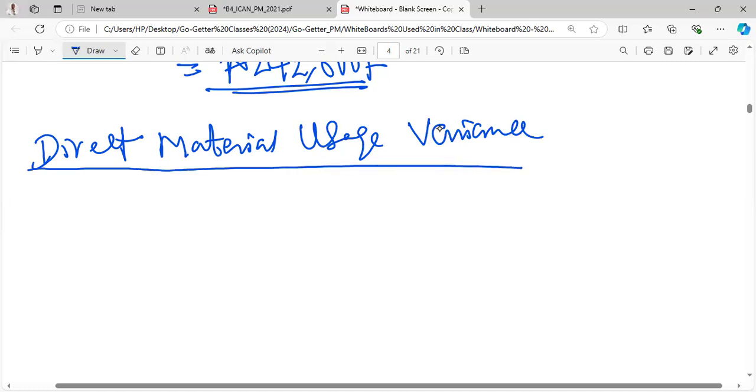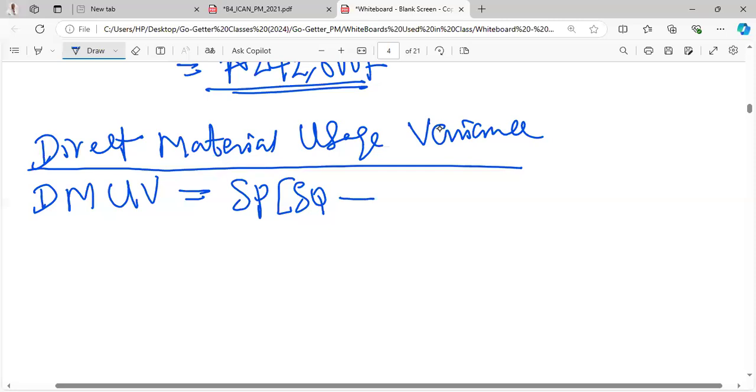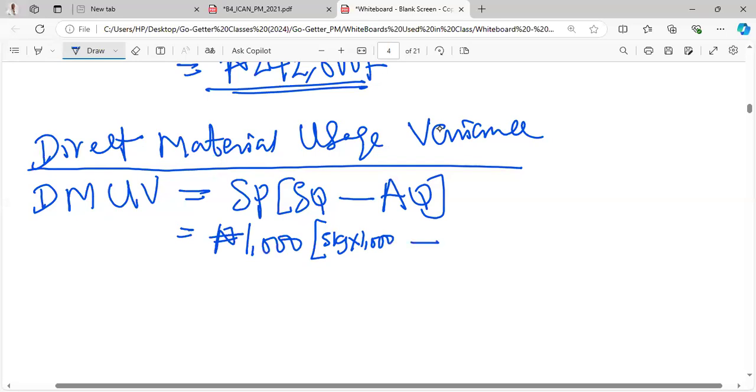Direct material usage variance, we said DMUV is standard price, standard quantity minus actual quantity. All right, so what is the standard price? The standard price for 1 kg is 1,000 naira from the question. Standard quantity, of course, we know 5 kg for 1 unit, and we did 1,000 units, right? Now, the actual was 4,850.